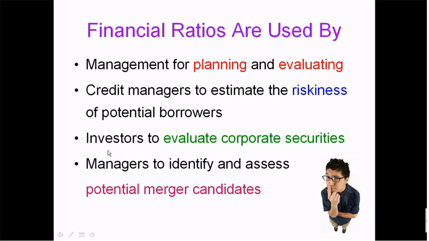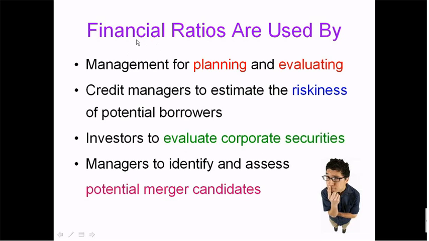So if all of you are investors, I believe you will not just simply dump your money into any firms, right? Investors may have to first evaluate how the firms are doing by going through their financial statements. As I mentioned just now, if you look at the raw numbers itself, it may not be enough.